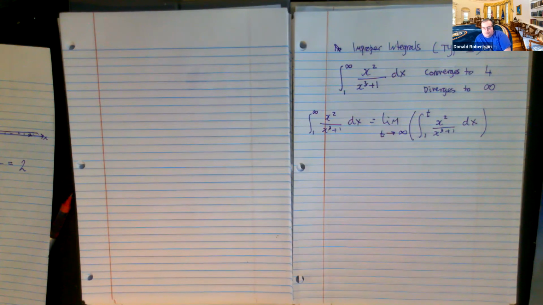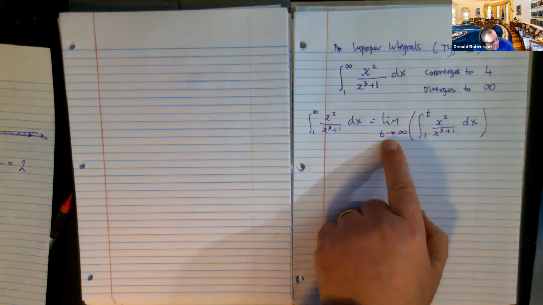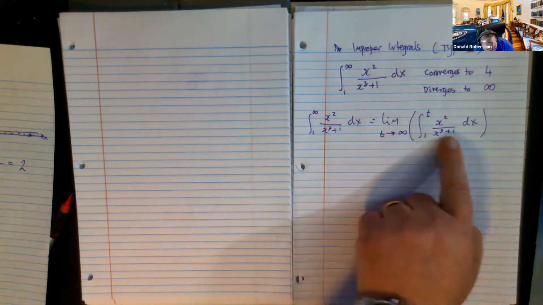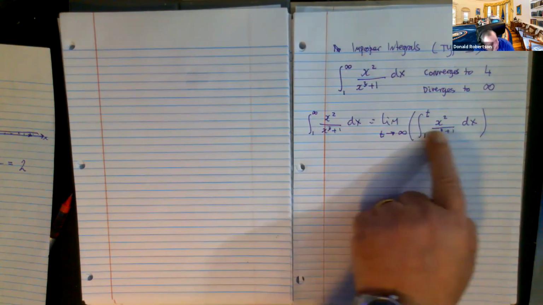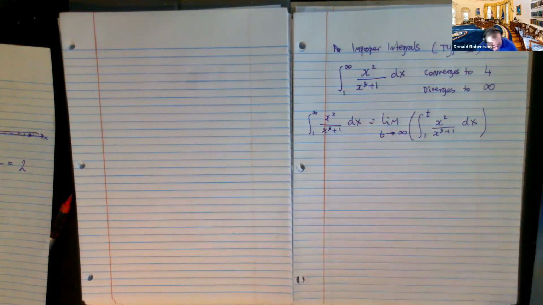So I've removed the infinity and I've just made it a t, and then I've turned this thing into a limit. Can you see how we're going to be dealing with limits? So I need to figure out what this darn thing is in terms of t, and then make t go infinite and see what we get.